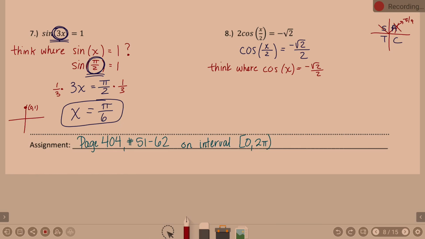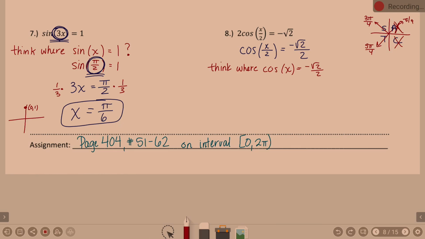We're going to be looking in quadrants 2 and 3, because that's where cosine is negative, and we're looking for the equivalent pi over 4 angle. What's my equivalent pi over 4 angle? In quadrant 2, it's 3 pi over 4. In quadrant 3, it's 5 pi over 4.